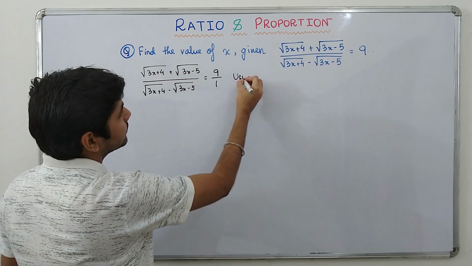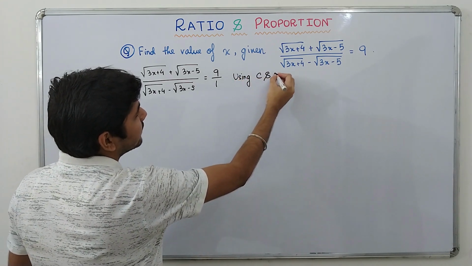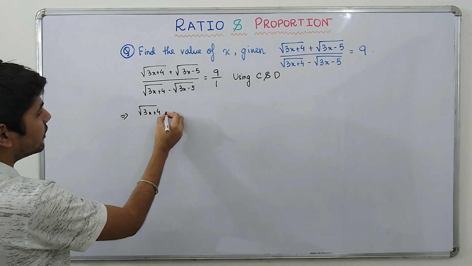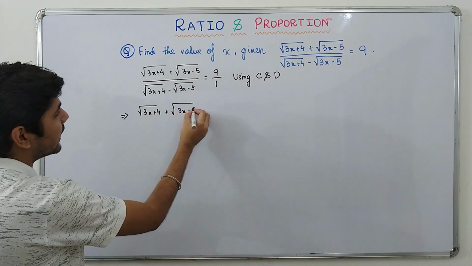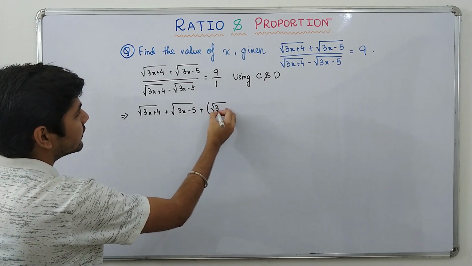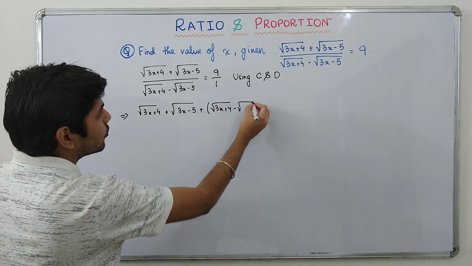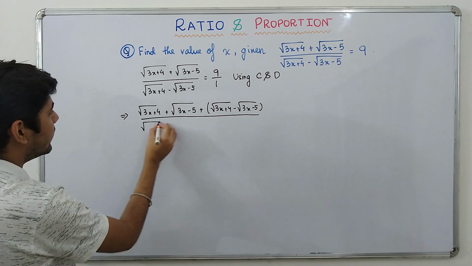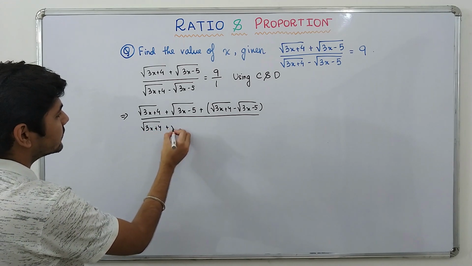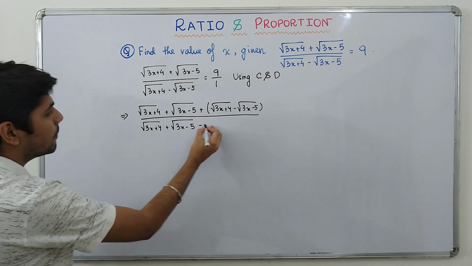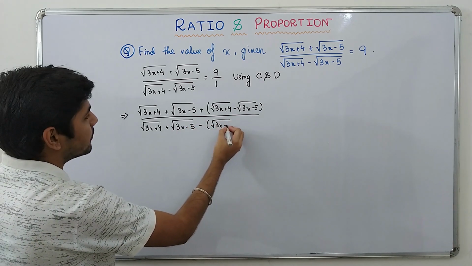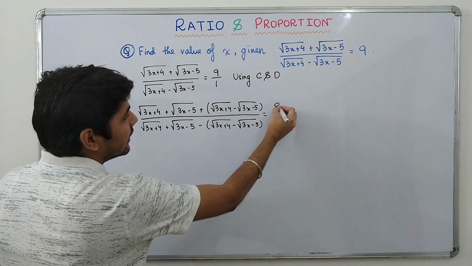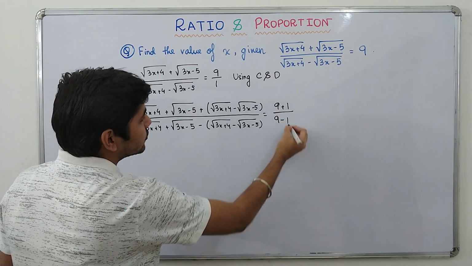So using componendo and dividendo, what do we get? (√(3x+4) + √(3x−5) + √(3x+4) − √(3x−5)) / (√(3x+4) + √(3x−5) − √(3x+4) + √(3x−5)) = (9+1)/(9−1).